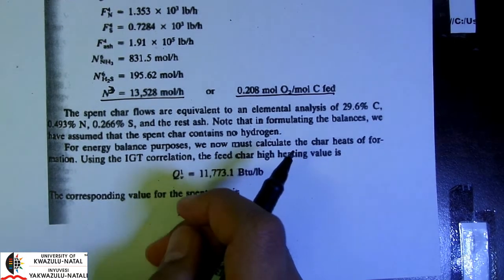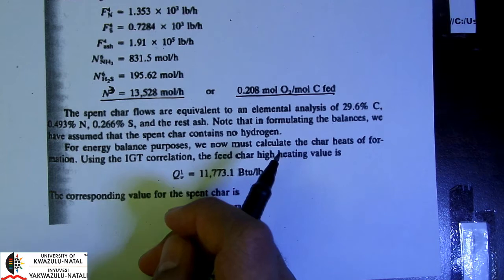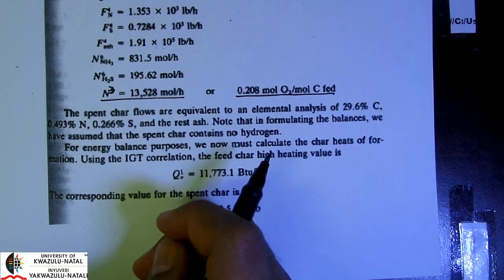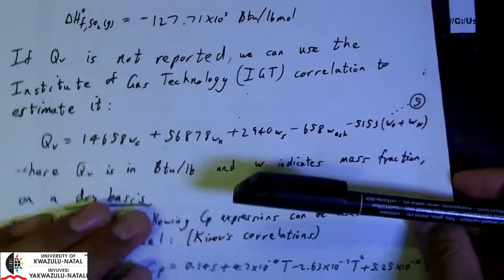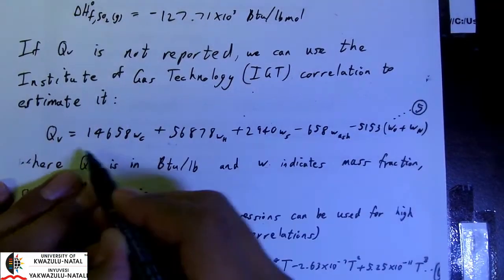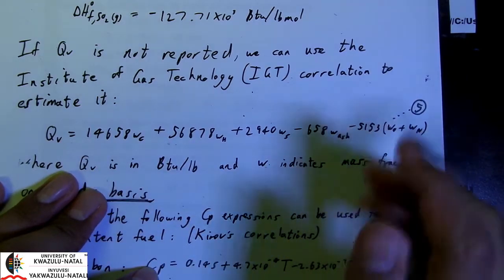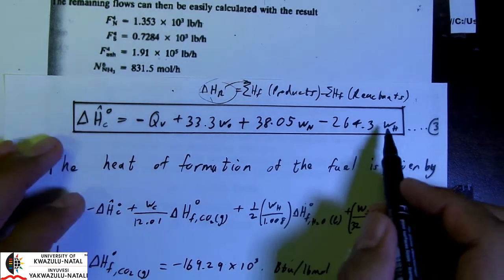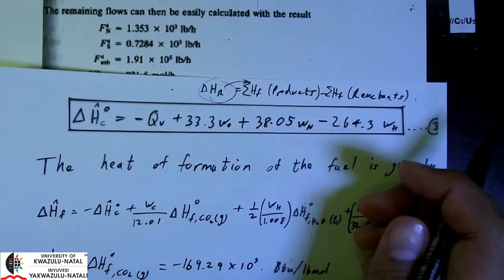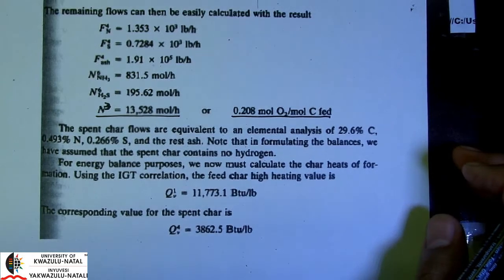Let me just bring the equations back. So there's the IGT correlation for QV, and we can use that to ultimately obtain our heats of combustion of the feed char as well as the spent char.